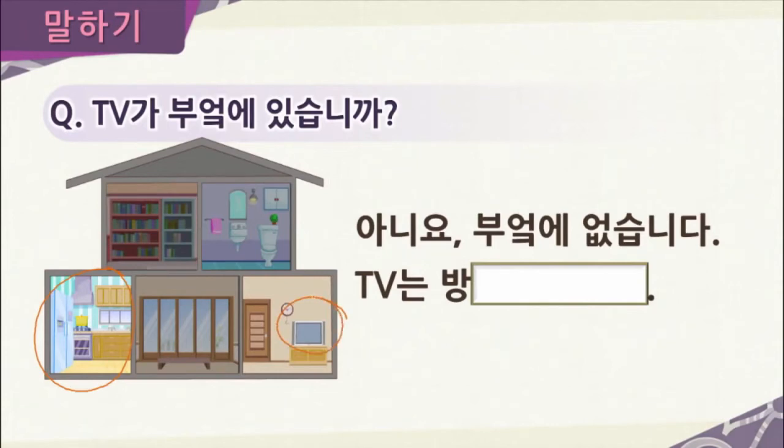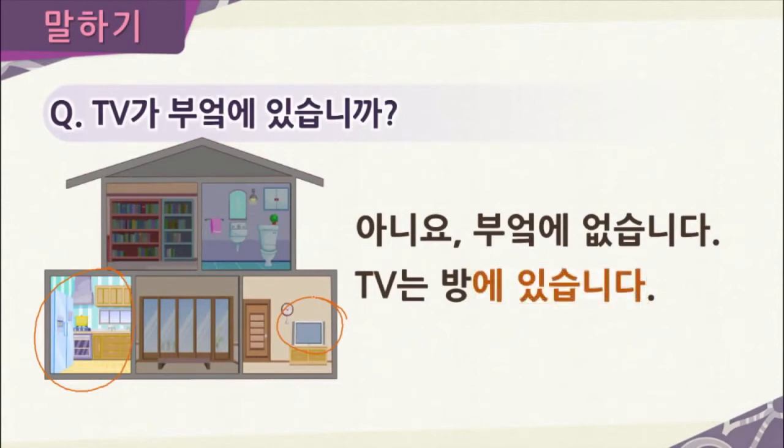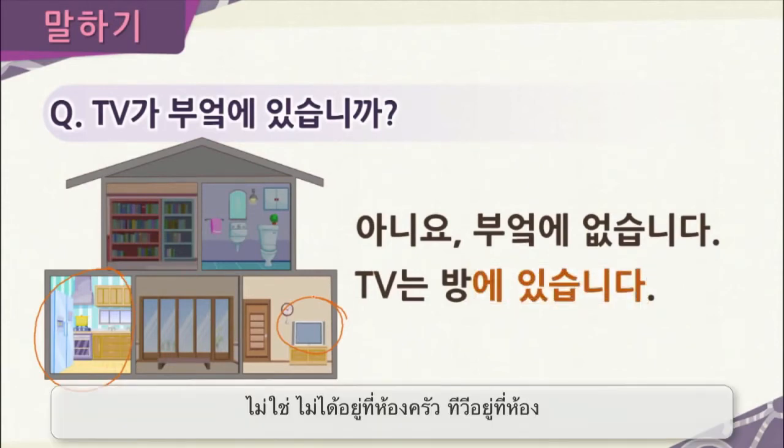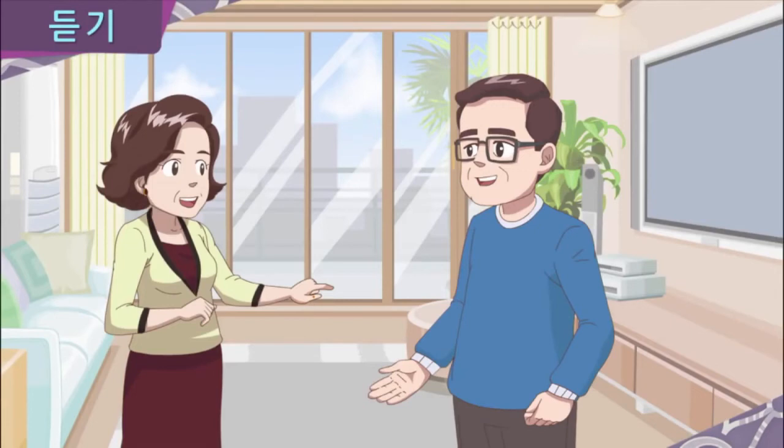So you can see the TV is not in the kitchen. So how would we go ahead and respond to this question? Correct. We would say 아니요, 부엌에 없습니다. TV는 방에 있습니다.